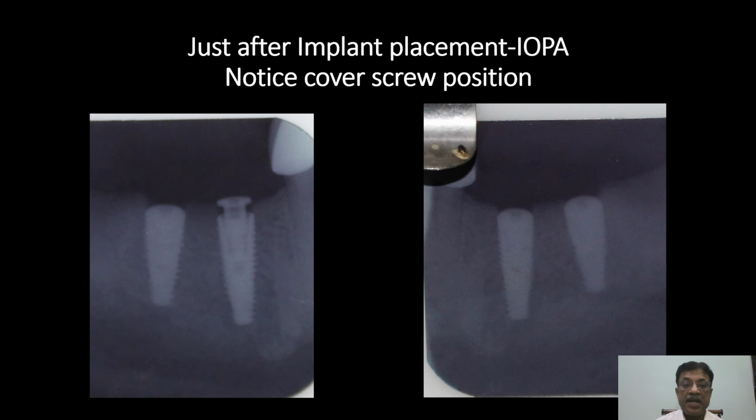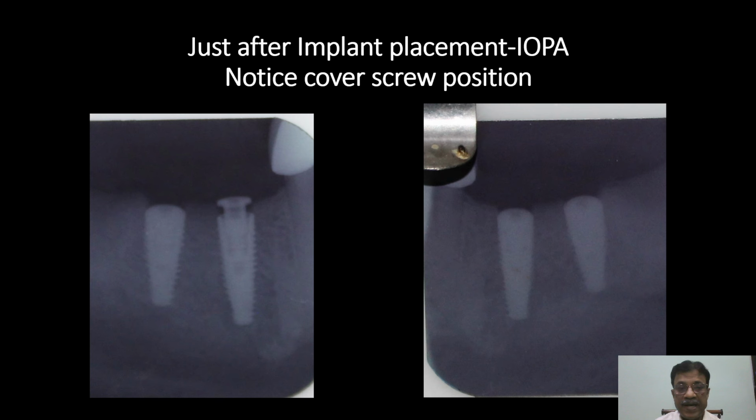Now, one interesting thing: after placement of the implant, I took an X-ray, and I found that the cover screw in 46 was not placed properly. Had I not taken the X-ray, I would have missed it.